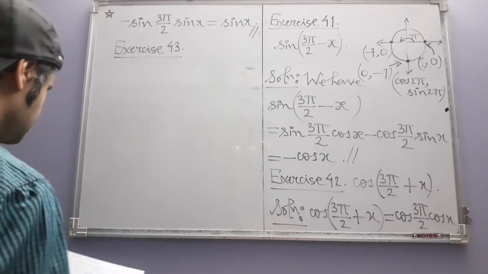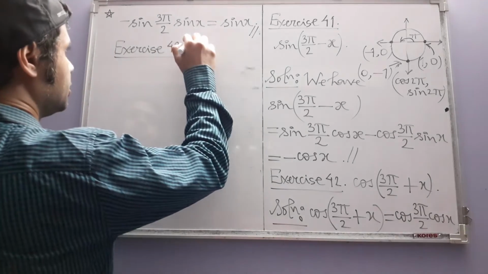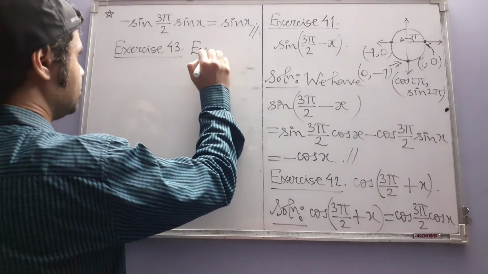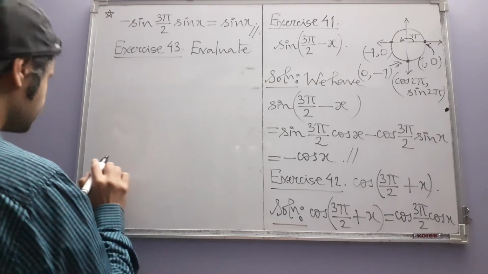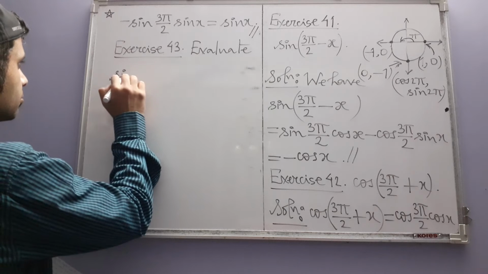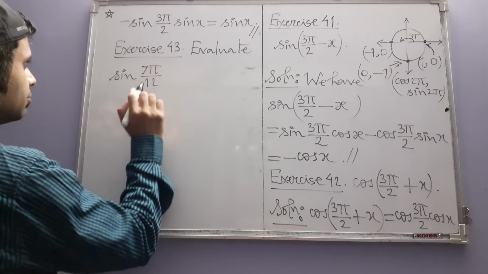In 43 it's a little different. Here we have to calculate an actual value. Evaluate, we don't have any variable here. Evaluate sine 7 pi over 12.